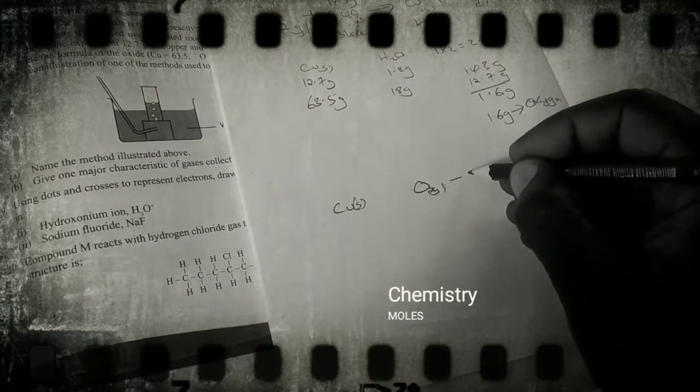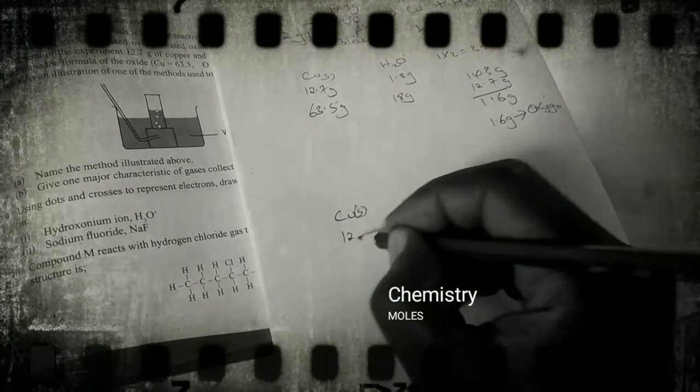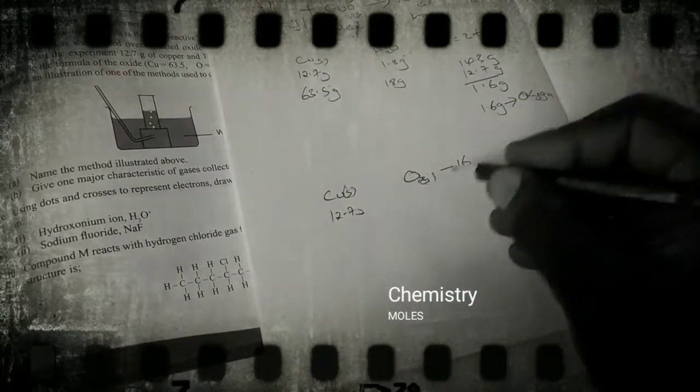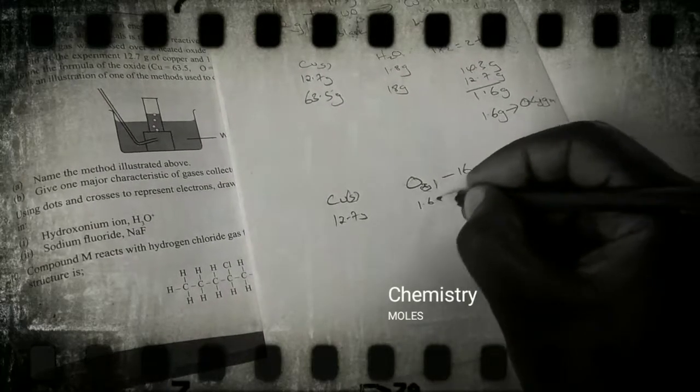And remember, the relative atomic mass of oxygen is 16, so it is 12.7 grams over 63.5 grams, which is the relative atomic mass of copper, and 1.6 grams over 16 grams, which is the relative atomic mass of oxygen.